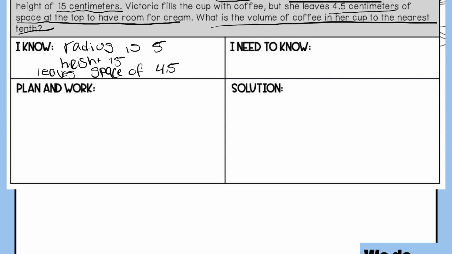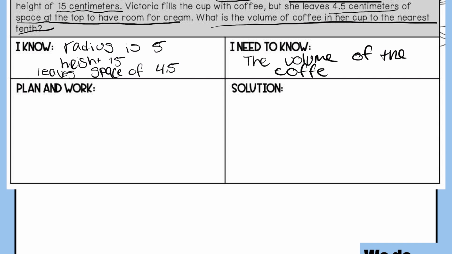So we need to know the volume of coffee, not just the volume of the cup, but the volume of the coffee.